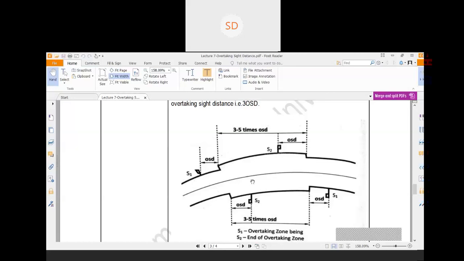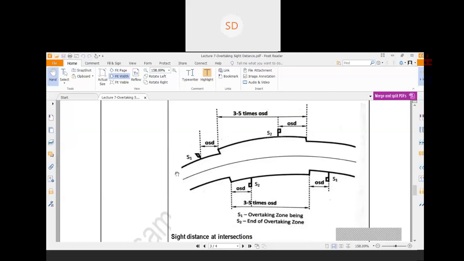Now there are some specifications for the overtaking zone. Whenever a vehicle is entering the overtaking zone, first and foremost the driver needs to be informed about the overtaking zone which is ahead of him. For that reason, signposts are required.